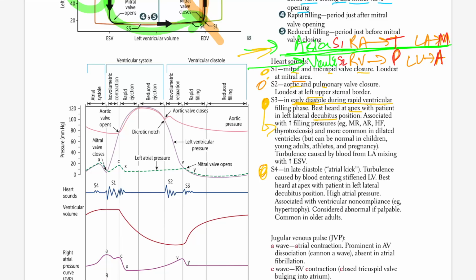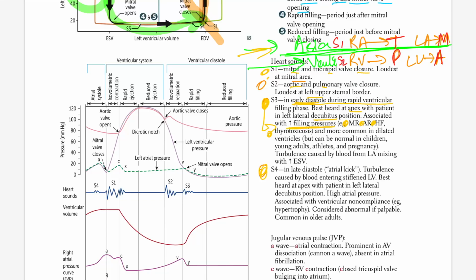It is associated with increase in filling pressure, for example, in your MR, mitral regurgitation, for example, in aortic regurgitation, in heart failure, and thyrotoxicosis, and more common in dilated ventricles. But can be normal in children, young adults, athletes, and pregnancy.